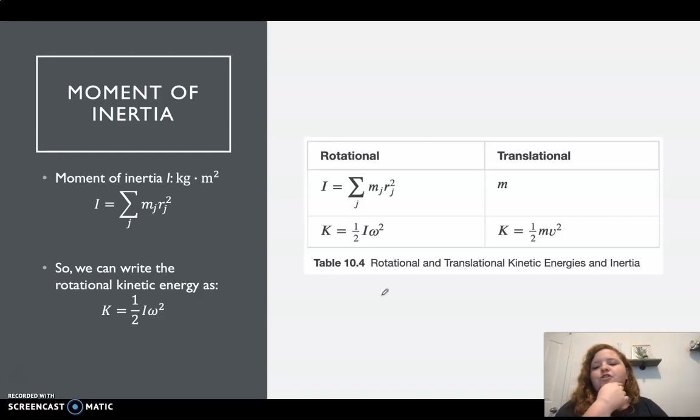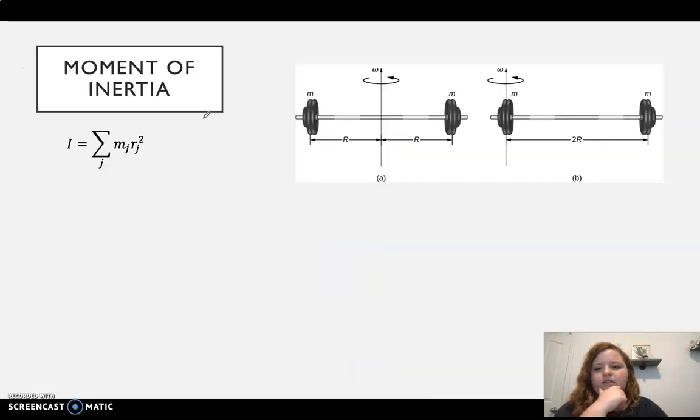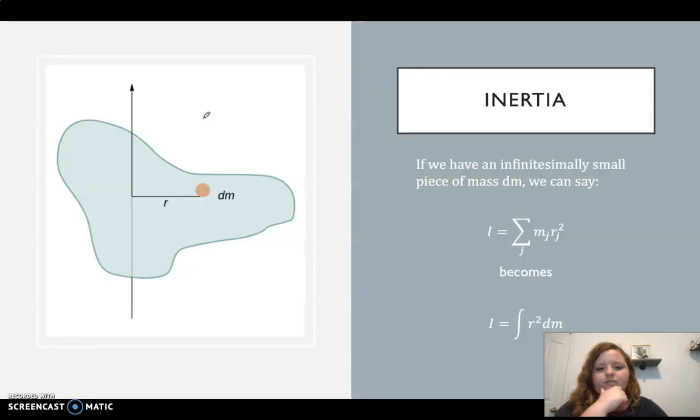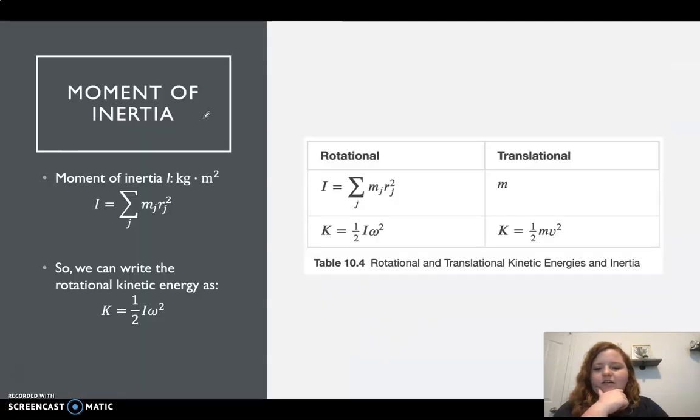From that, we do get this idea of moment of inertia. And so what is moment of inertia? It's summing over all of the masses and at what radius they are at.